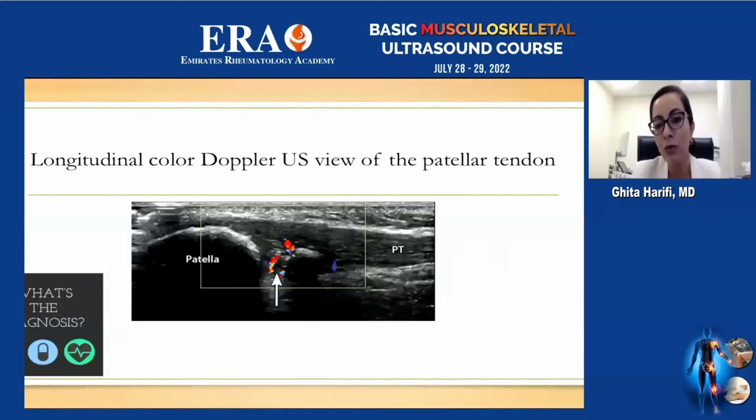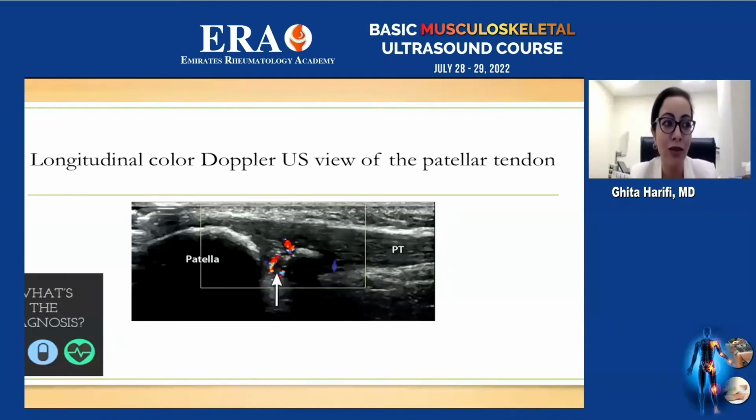It can also be used to differentiate between synovitis and synovial effusion when we're not sure about the nature of the synovial abnormality. So here we have something quite common in sports medicine.